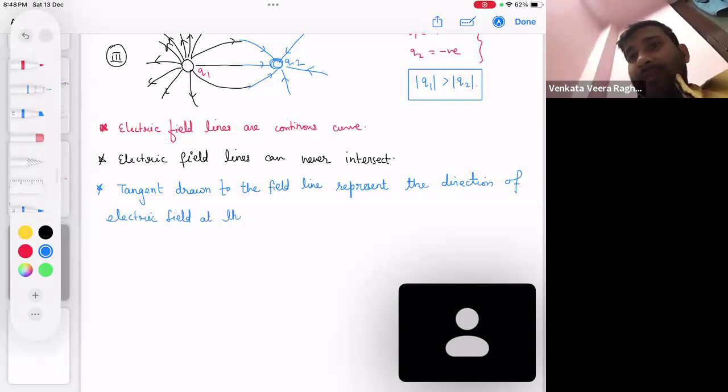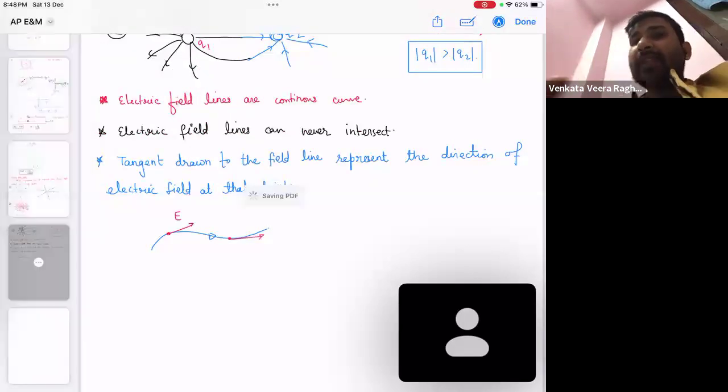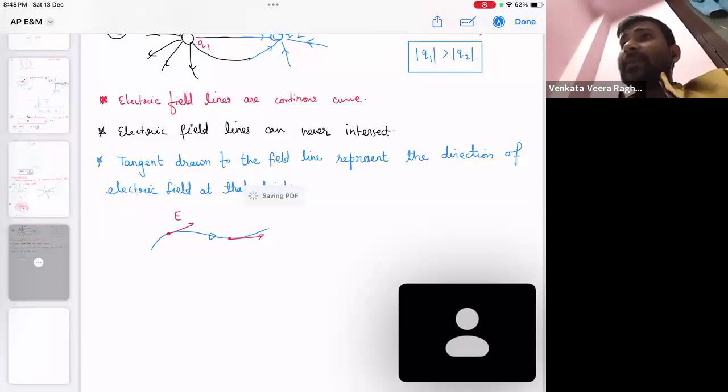Is that clear? So if I tell you with the help of an example, can I say that I have drawn a field line like this? Okay, this is the field line. So please tell me, what is the direction of electric field here? Should I draw the tangent here? If I want to know the field here, should I draw the tangent here? Right? So you see that this is a field line. Can we say this is an example of non-uniform field lines?